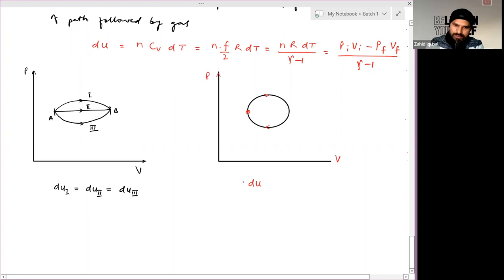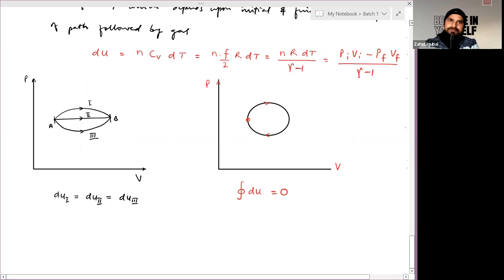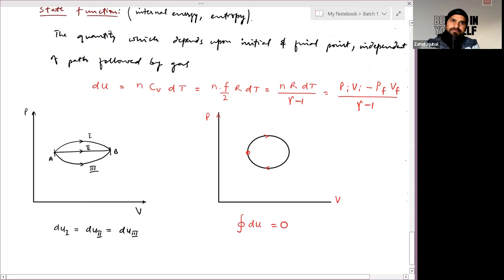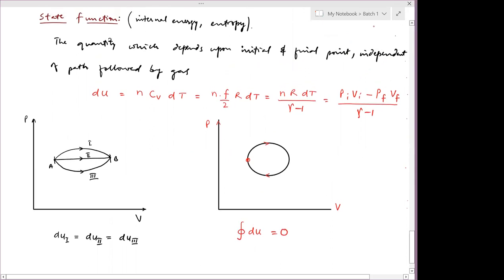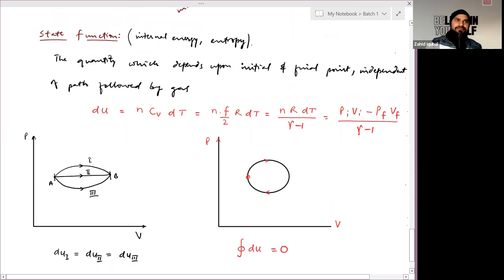So change in internal energy along a closed path will be zero. Just remember, for a cyclic process, for the whole complete path, the initial and final point are the same, so change in internal energy will be zero. Khalid, any doubt? No, sir. Okay, just write it down.